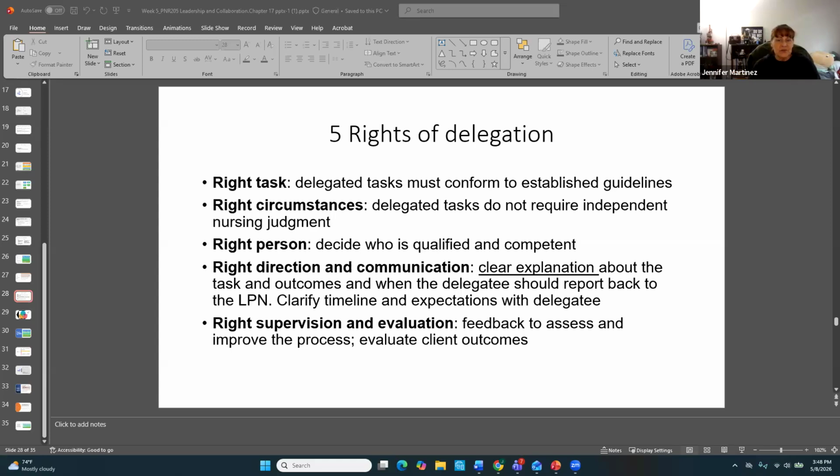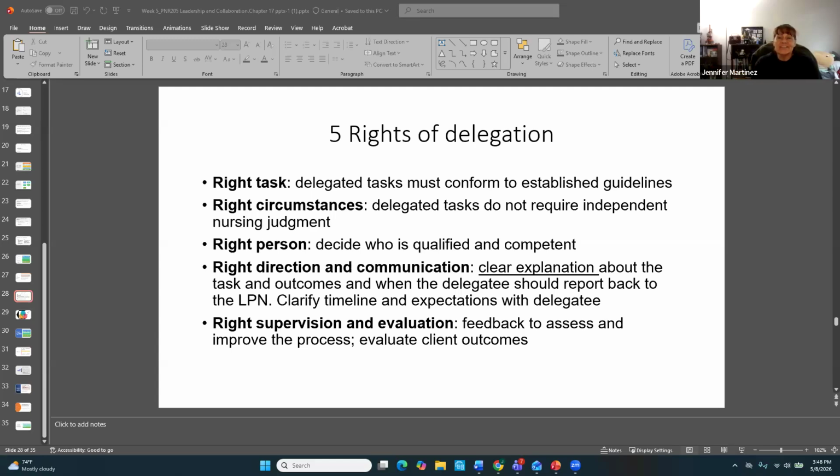You also need to give the right direction as well as the correct communication. Being really good with your communication skills is going to be necessary. You're going to give a clear explanation about the task, the outcomes, and when they need to report back to the nurse. Clarify the timeline as well as the expectations.